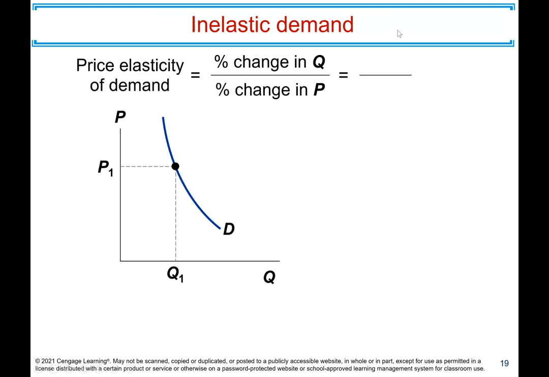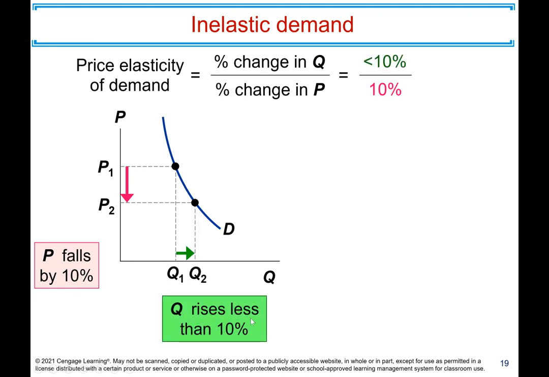What about inelastic demand? Price elasticity of demand is percentage change in quantity demanded divided by percentage change in price. If price falls by 10% and quantity rises by less than 10%, then the percentage change in quantity is smaller than the percentage change in price.